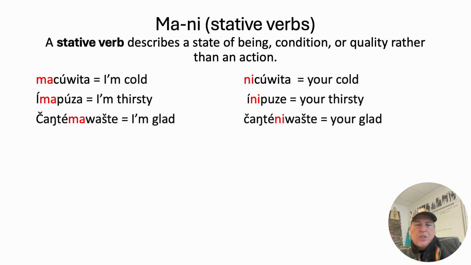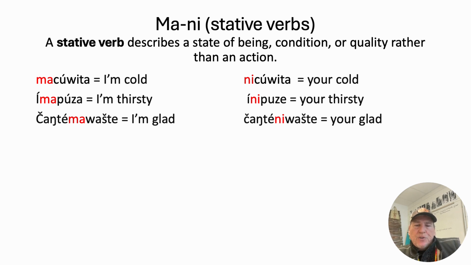So for the ma stative verbs, when it's ma for me or I, then it's ni for you. We're switching them out. So machuita, I'm cold. And we switch that out when we want to make it you're cold. So we're just switching out ma and ni. So nichuita, you're cold.